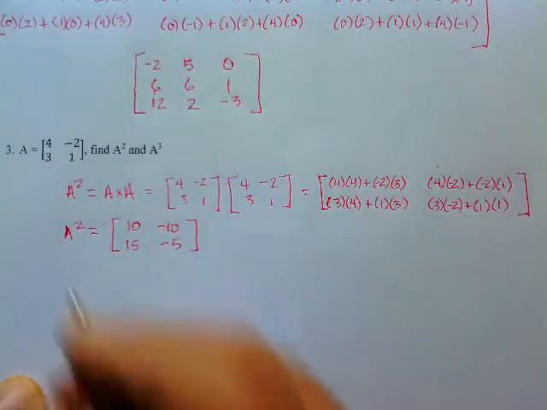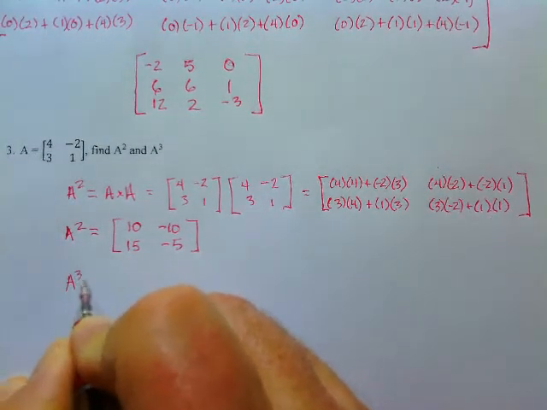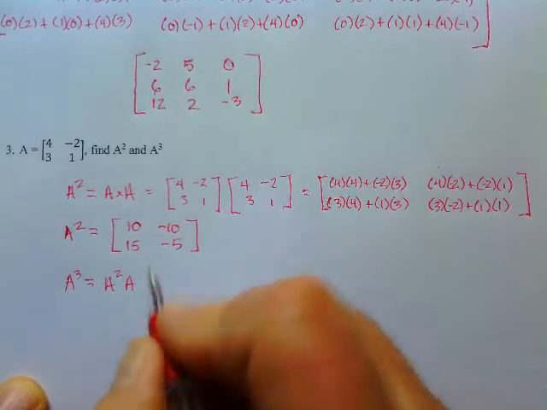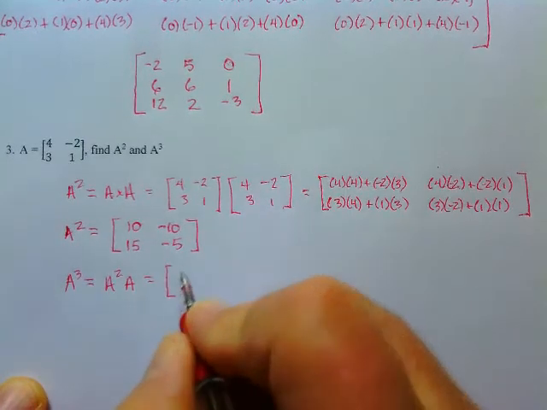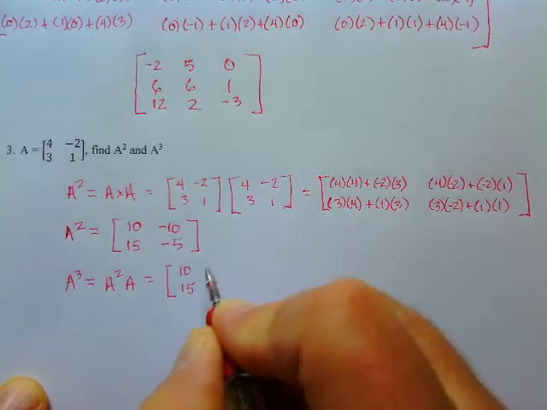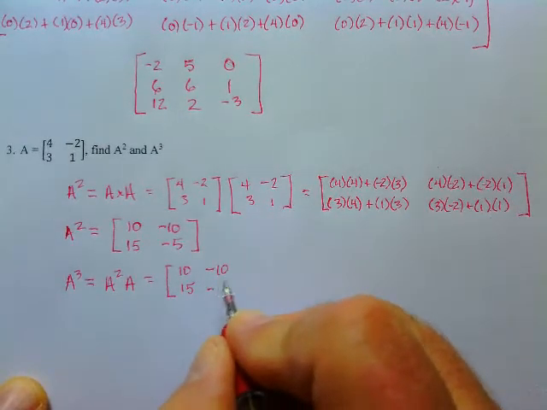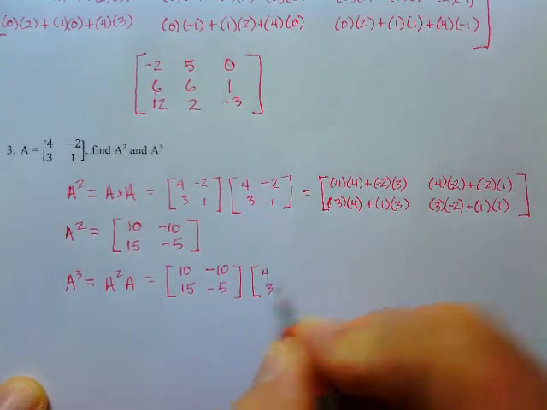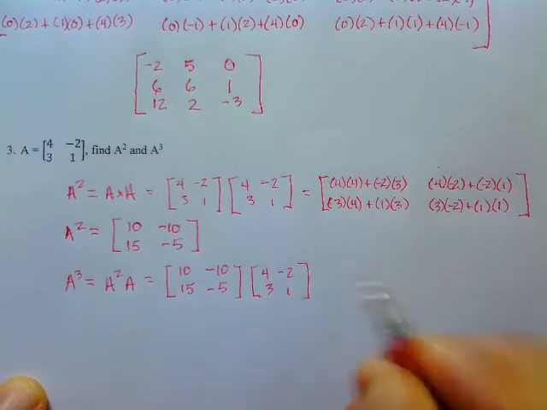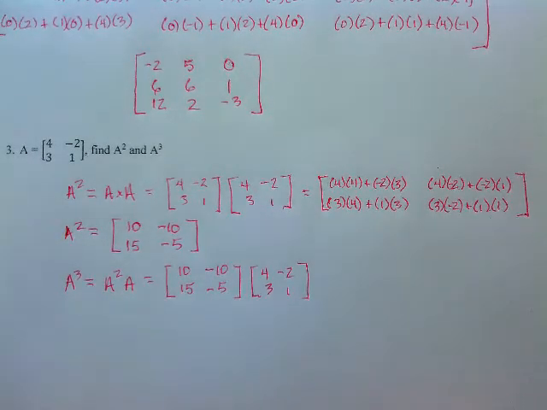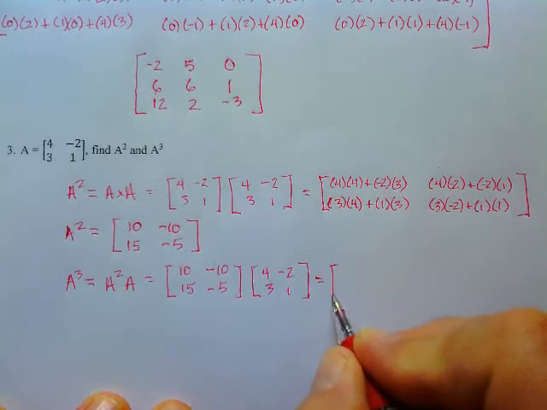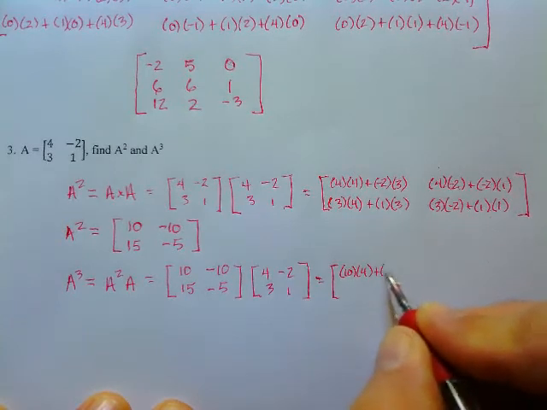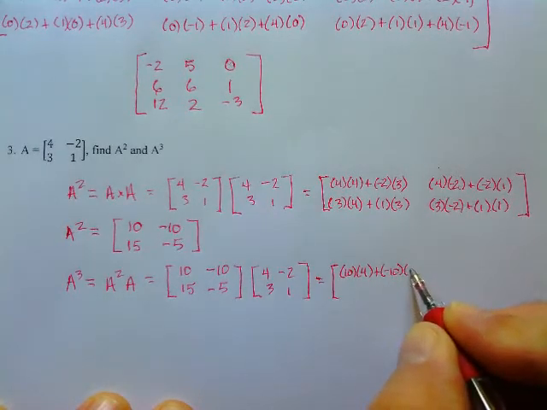Okay, so A cubed would equal A squared times A, so that will be 10, 15, negative 10, negative 5, and then 4, 3, negative 2, 1. This will equal 10 times 4 plus negative 10 times 3.